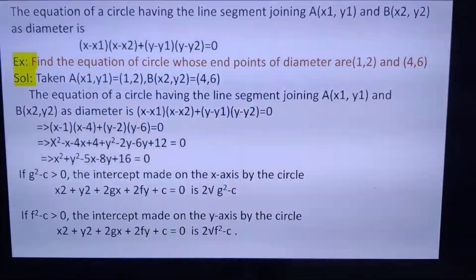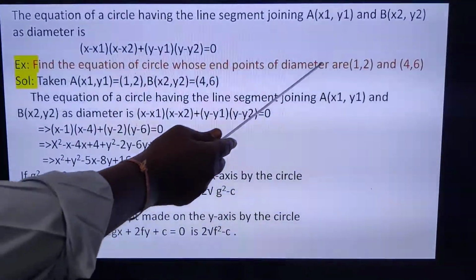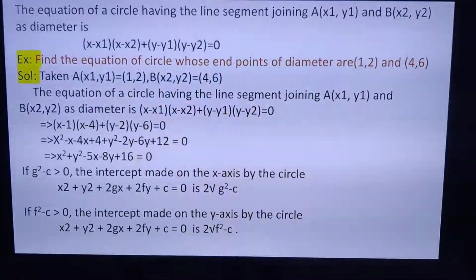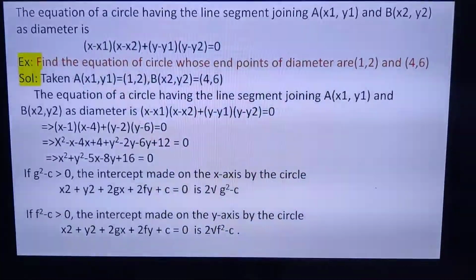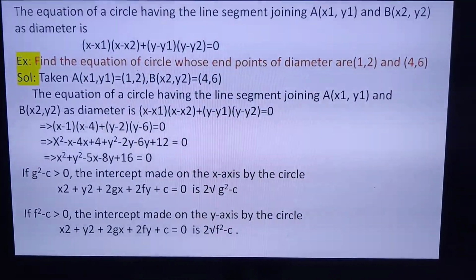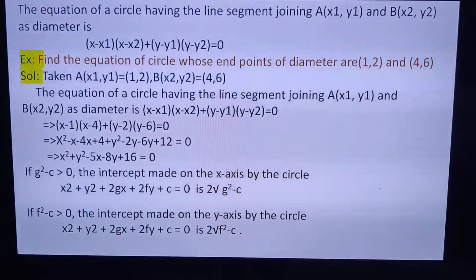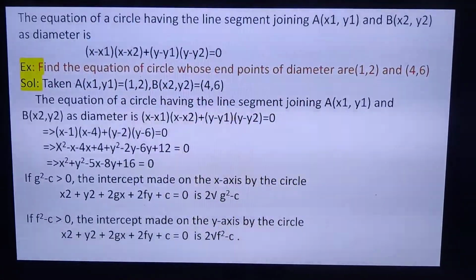Now on this we have an example. Find the equation of the circle whose endpoints of diameter are (1, 2) and (4, 6). Take A(x1, y1) as (1, 2) and B(x2, y2) as (4, 6). Here x1 is equal to 1, y1 is equal to 2, x2 is equal to 4 and y2 is equal to 6.